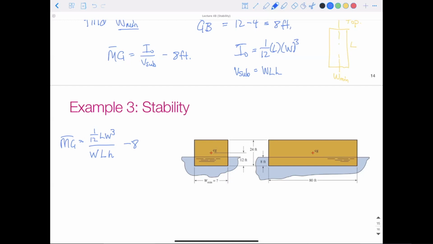So we're solving for the minimum width W so that we have a stable system. So essentially we're solving for when this quantity is going to evaluate to a number larger than 0. So we care about when this is greater than 0.